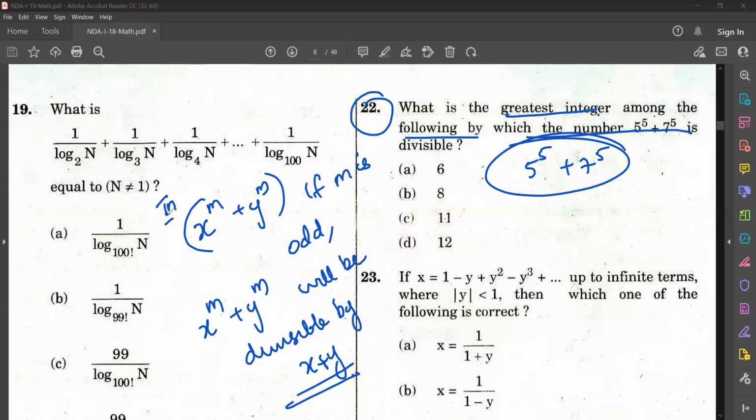See, in the expression x raised to m plus y raised to m, if m is odd, x raised to m plus y raised to m will be divisible by x plus y.